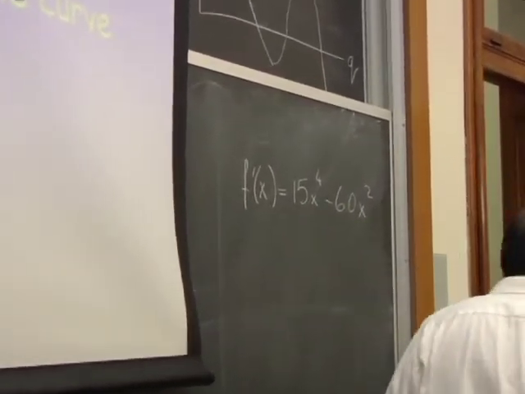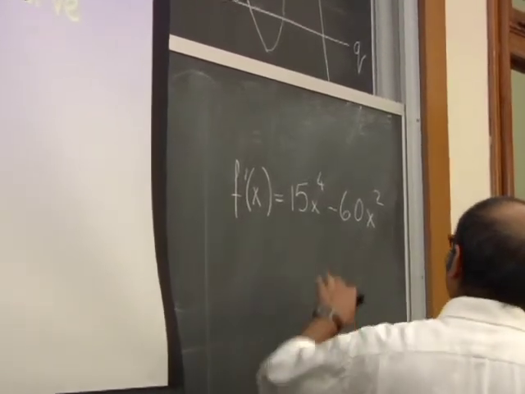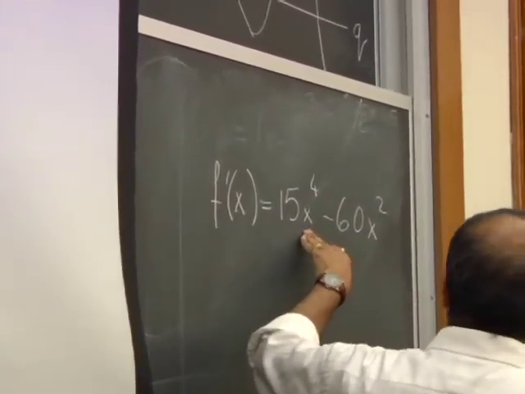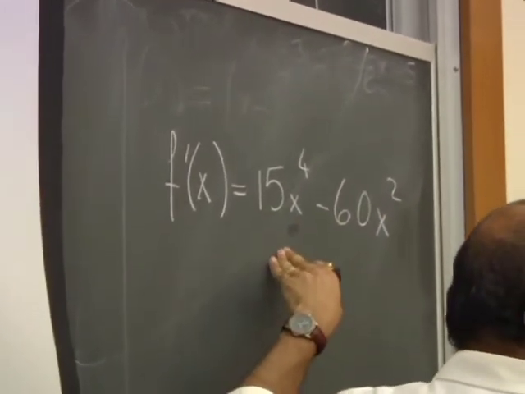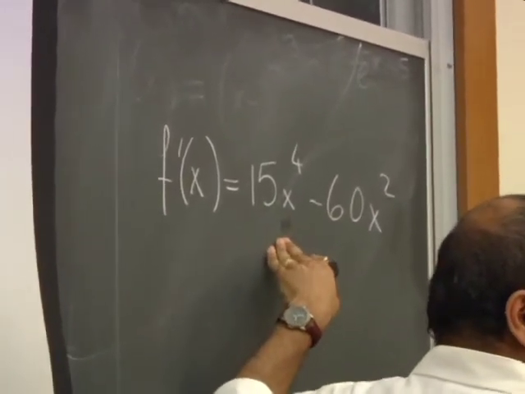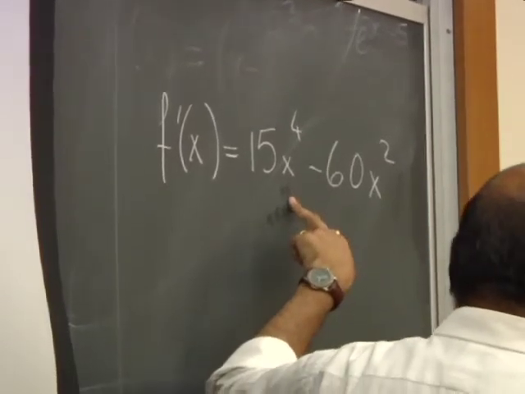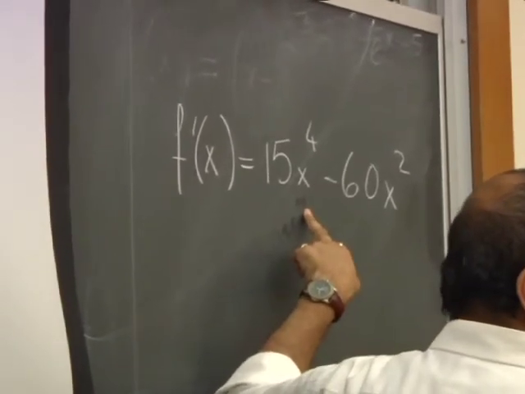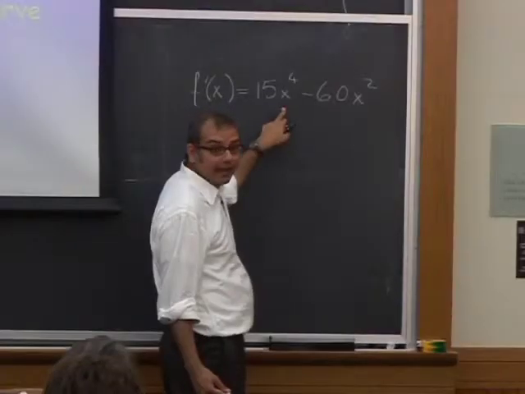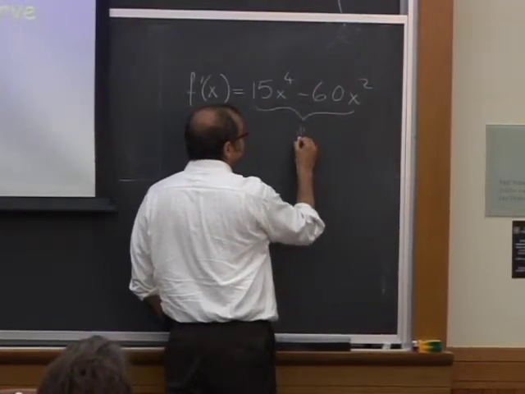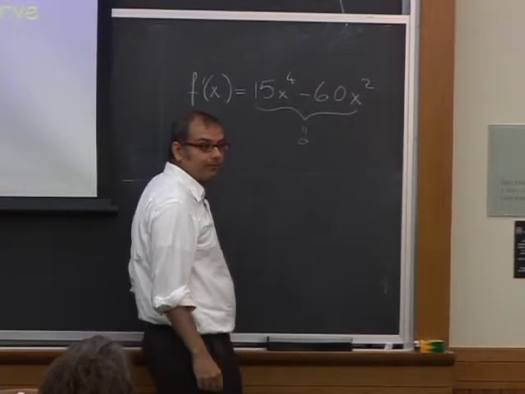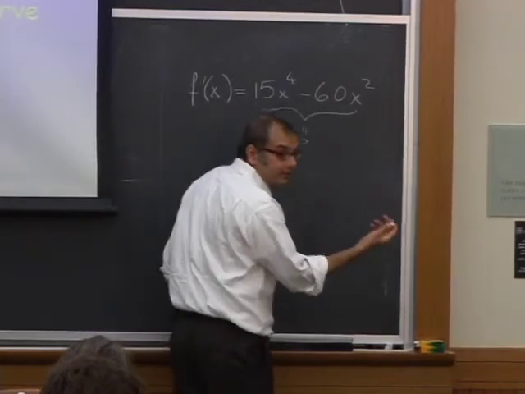Okay, I know, so if I put in any x here, this expression will give me the slope of the original function for that value of x. Now, I want to know the values of x for which this expression is equal to 0. Okay, well, how do I get that?